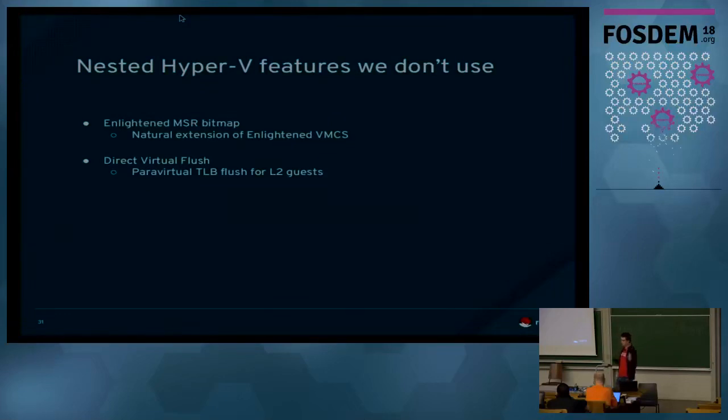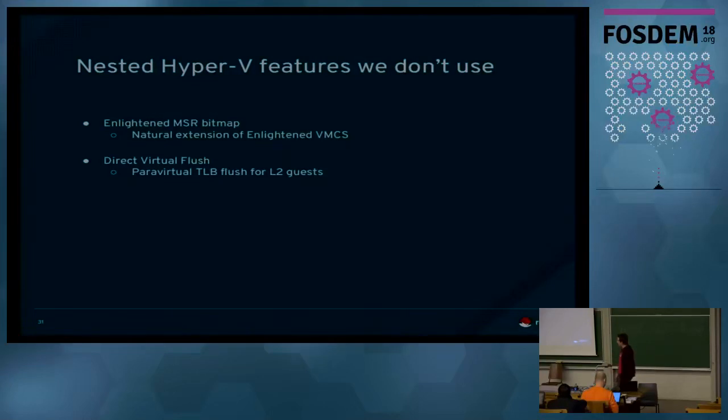An MSR is a model specific register: you read it on the CPU and you get some result. And you can actually tell the CPU when you want a VM exit, when your guest reads this MSR or when it writes to this MSR. And we have a memory page for that.